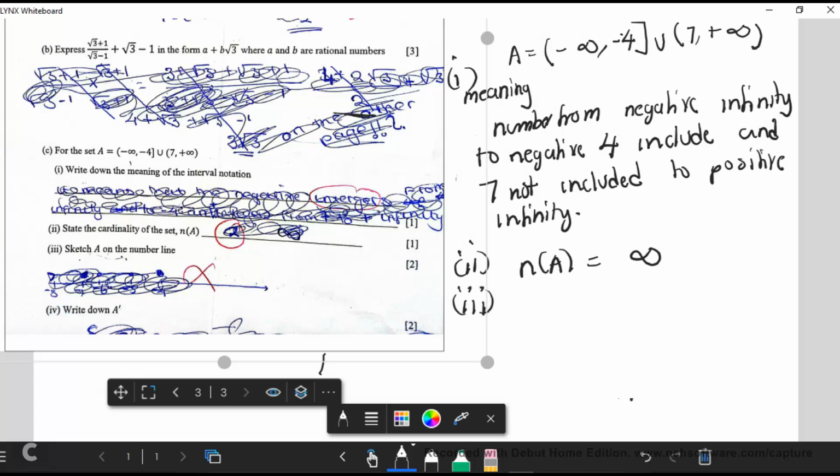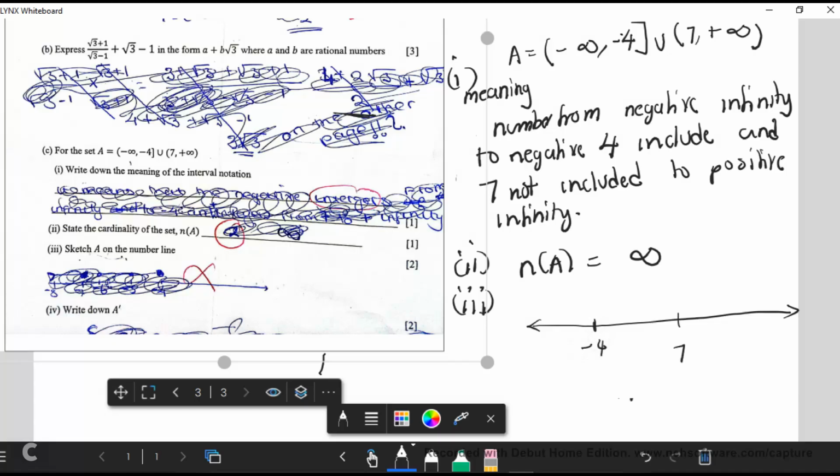Then sketch A on the number line. So we have to sketch this on the number line, right? If you want to sketch this on the number line, you put something like this, then you get your negative 4, then another one, 7.